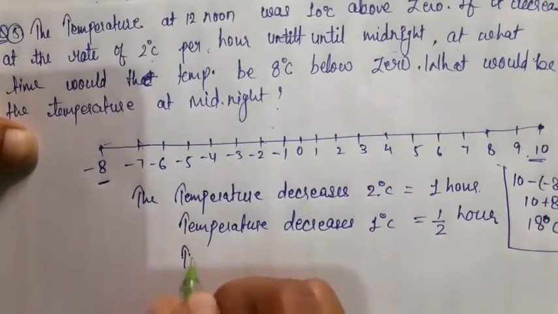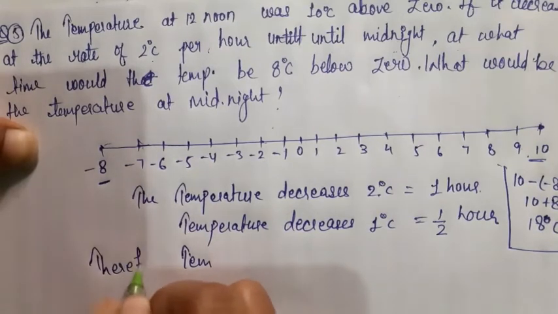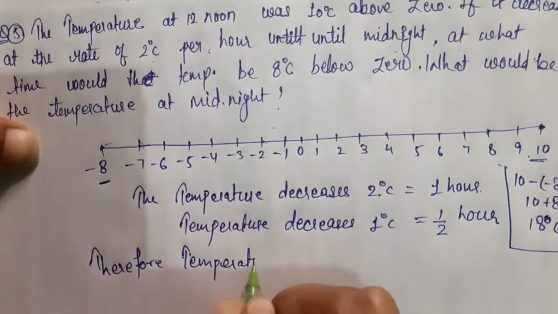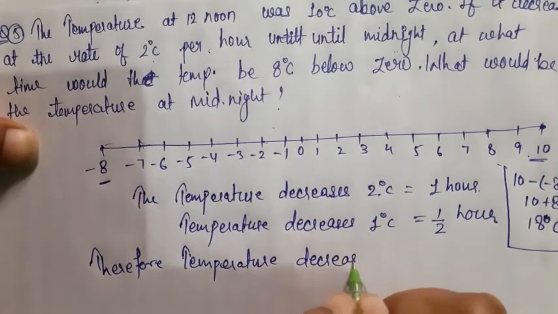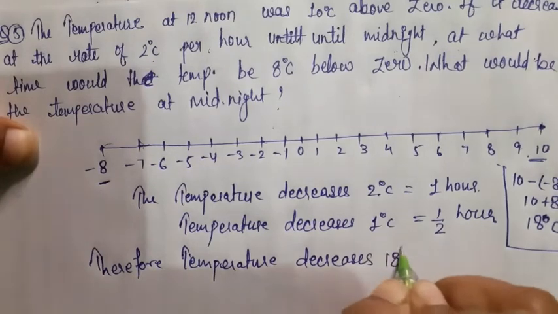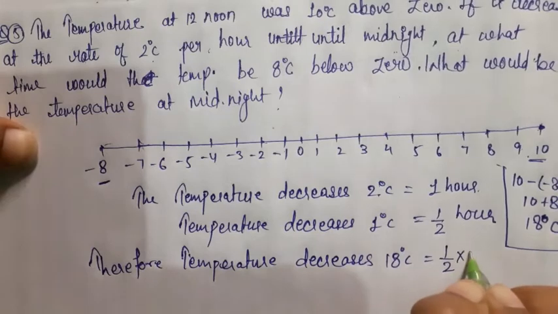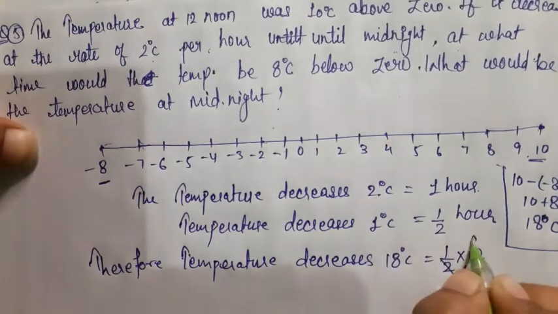Therefore the temperature decreases 18 degrees Celsius in 1/2 multiplied by 18. So we get 2 nines are 18.